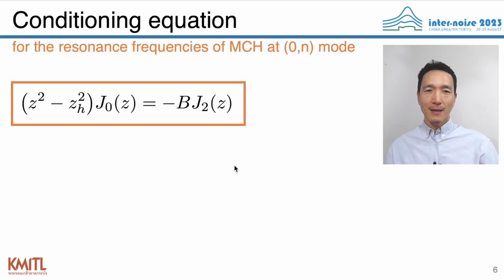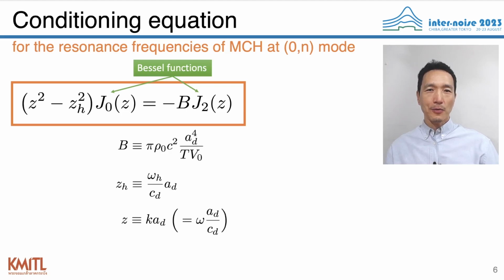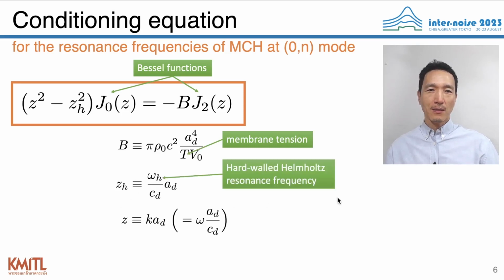In this conditioning equation, we have 2 Bessel functions, the 0th order and the 2nd order. And the constant b is the substitute for a combination of many parameters regarding the membrane, port, and the cavity, where capital T is the membrane tension. Z_H contains the resonance frequency of the normal hardwall Helmholtz resonator.